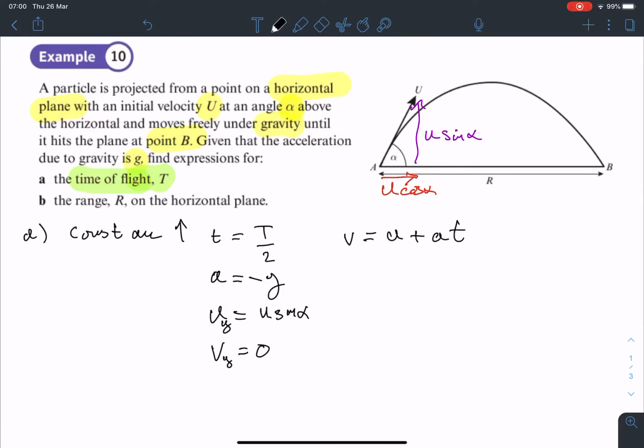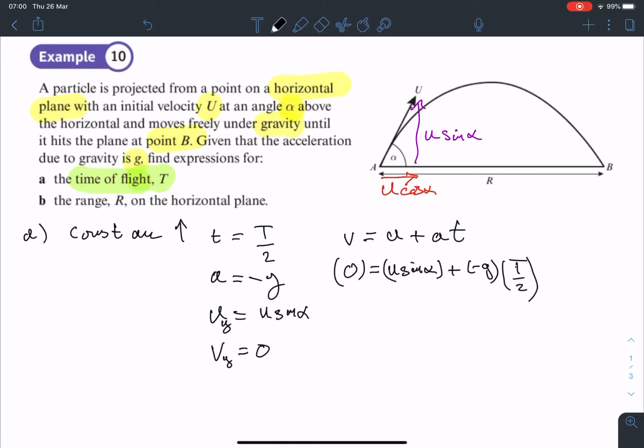Substitute in, so we've done the state phase, we can now substitute in 0 equals u sine alpha plus negative g and the time of flight over 2, because we're just doing the time to the highest point.